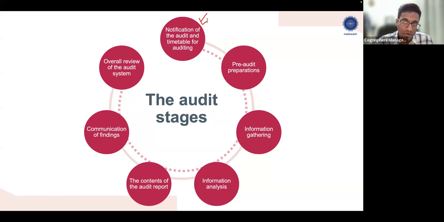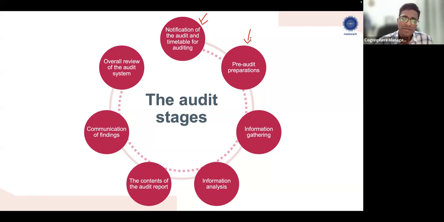If you're going to do an audit for 4 days, on day one, what you will audit; day two, which clause you will audit; day three, which clause. So you have to give a proper audit plan or timetable for auditing. And then pre-audit preparation: some auditors would request documents to check before they start the audit. Sometimes for a document-heavy audit, they would request the documents.